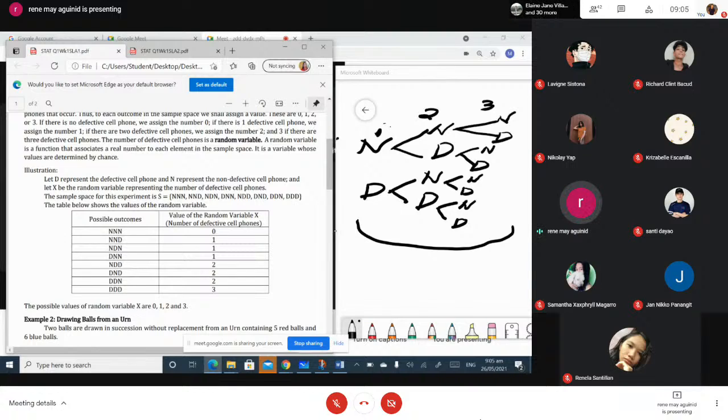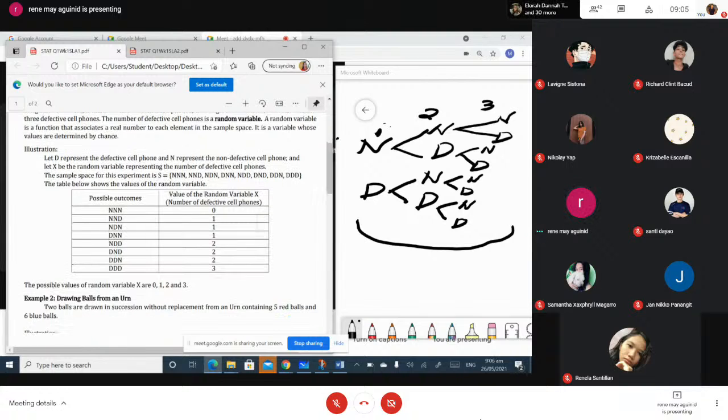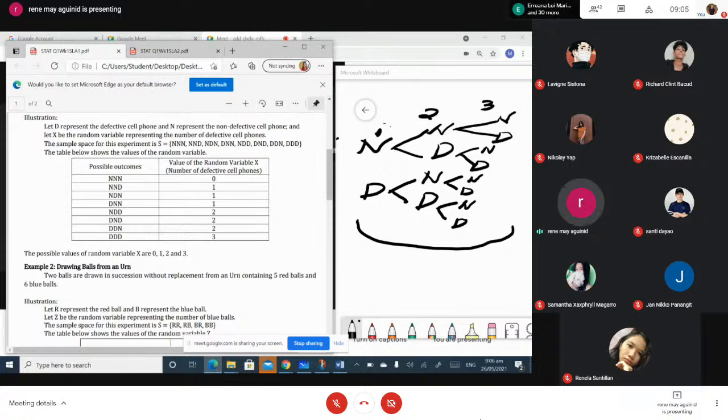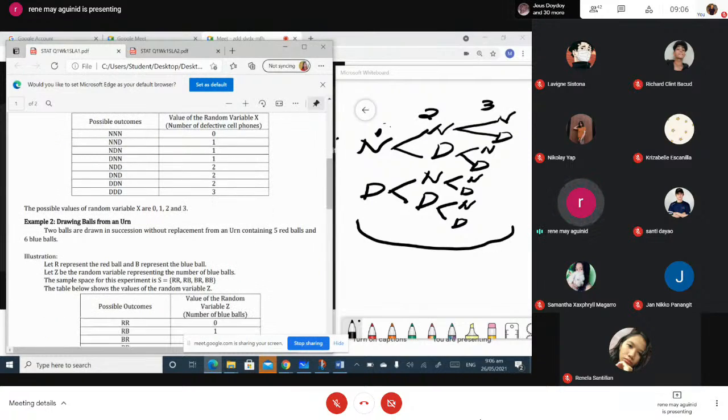This is how we determine the values of our random variable as defined in the problem. What we need to do for now is to determine the values of our random variable.